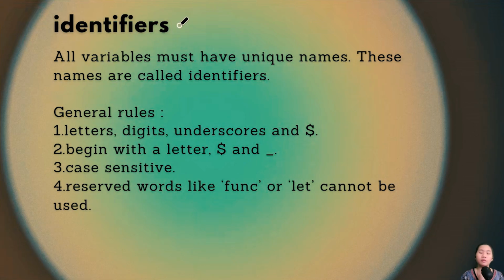Identifiers, we're talking about variable names. Variables should have unique names. Since we're just doing JavaScript 101, naming a variable is very important in any programming language, but as you become a more advanced coder, you will learn a variety of ways that you should and should not name a variable.